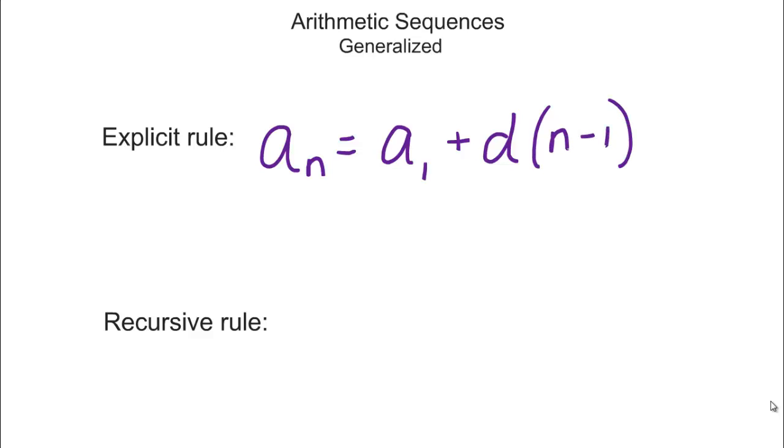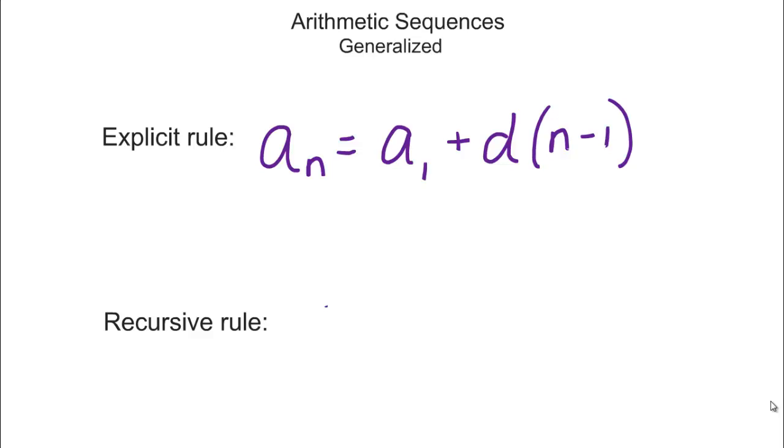In general, for an arithmetic sequence, our nth term is going to be our first term, a1, plus d times n minus 1. The pattern that we saw on the first slide hopefully explains this. You're starting with your first term and adding on your common difference n minus 1 times. That's our explicit rule. Very handy.